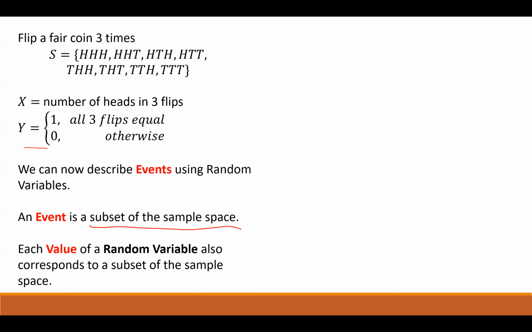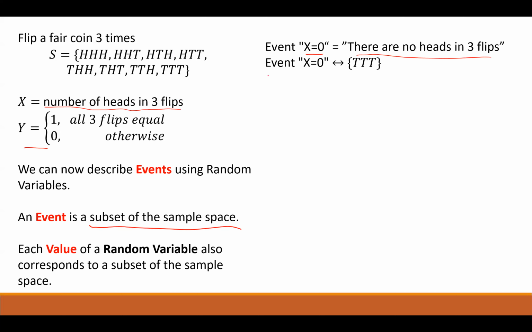Every value of a random variable also corresponds to a subset of the sample space. For example, I can say the event X equals 0. X is the number of heads in 3 flips, so the event X equals 0 is the event that there are no heads in 3 flips. So it's just tails, tails, tails. All of these are equivalent statements. They're all events, and they're all equivalent.